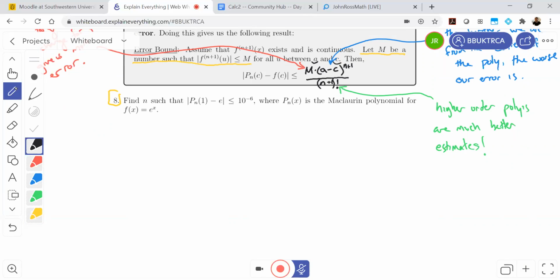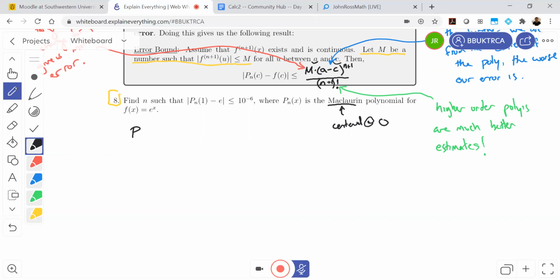Okay, great. So let's see what we got going on here. First of all, let's make sure we understand what this question is even asking. We have our Taylor polynomials, our Maclaurin polynomials, and remember our Maclaurin polynomials are centered at 0. So we can calculate the first several of these.